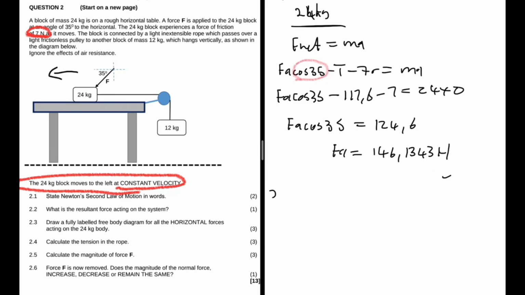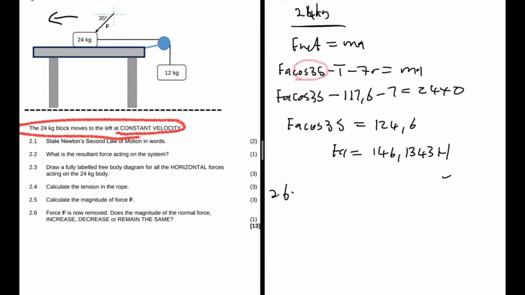So 2.6 says force F is now removed. Does the magnitude of the normal force increase, decrease, or remain the same? So let's find a formula for the normal force so that we can see what happens. Here on our object, when we're talking about the normal force, we pay attention to the forces acting on the vertical, right?